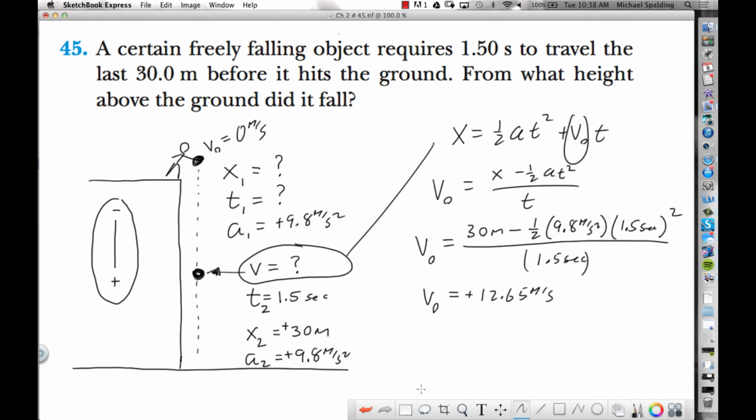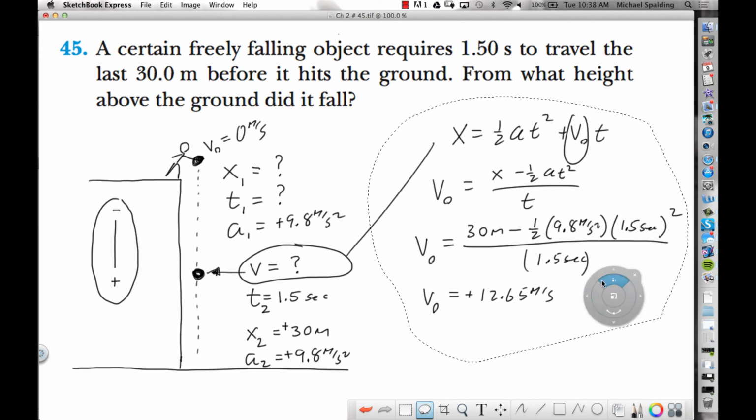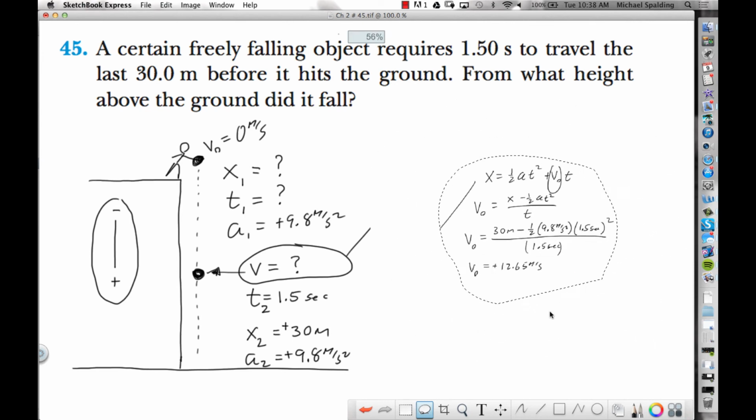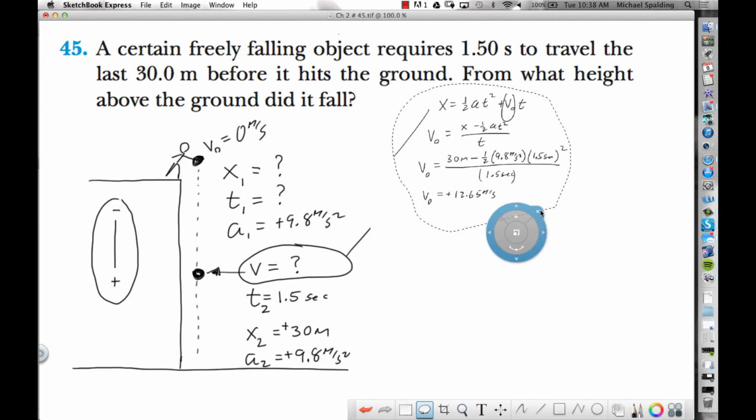All right, any questions with that? So we now know this velocity right in between region 1 and region 2. It is positive 12.65 meters per second.